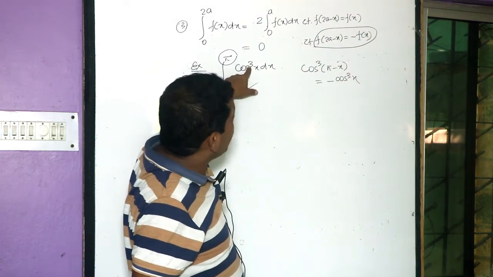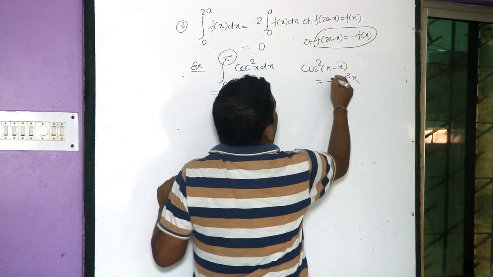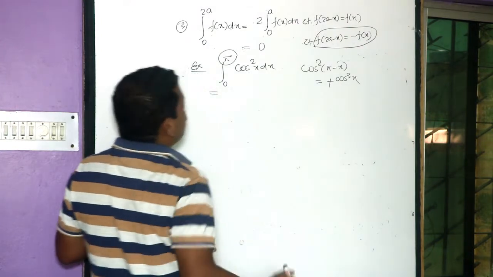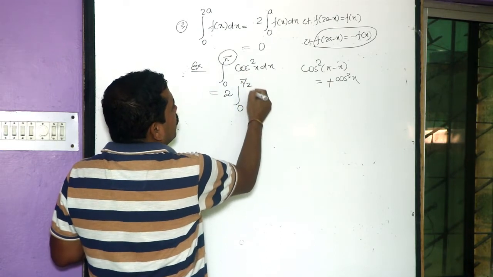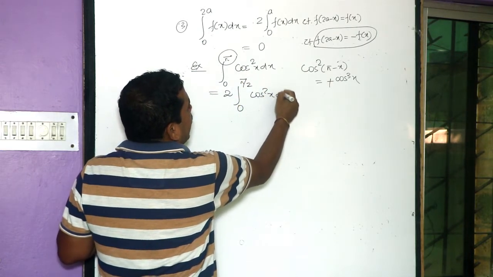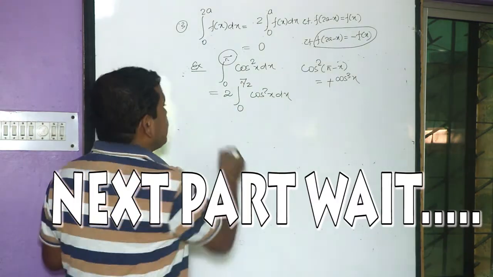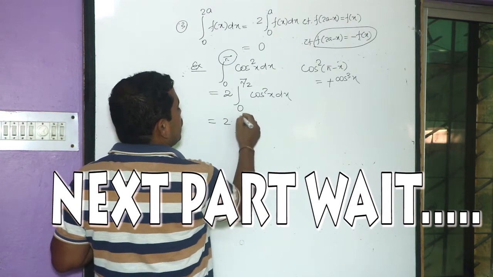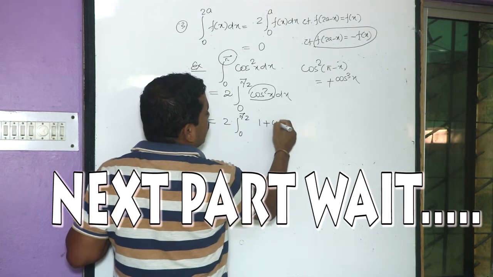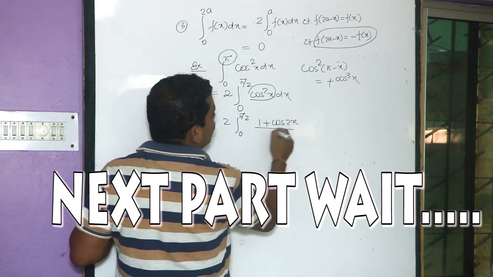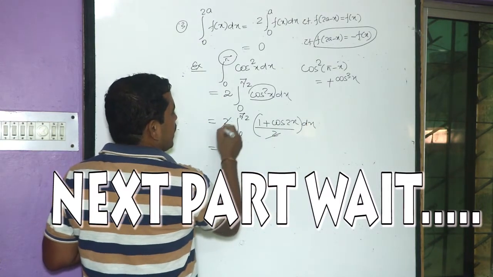Suppose it is cos square x, then it will be plus cos square x, so it will not be 0. It will be 2 times the integral from 0 to a, where a means pi by 2, of cos square x dx. Then we can evaluate the integration by putting the formula for cos square x. That is equal to 2 times the integral from 0 to pi by 2 of (1 plus cos 2x) by 2 dx, where the 2s cancel.